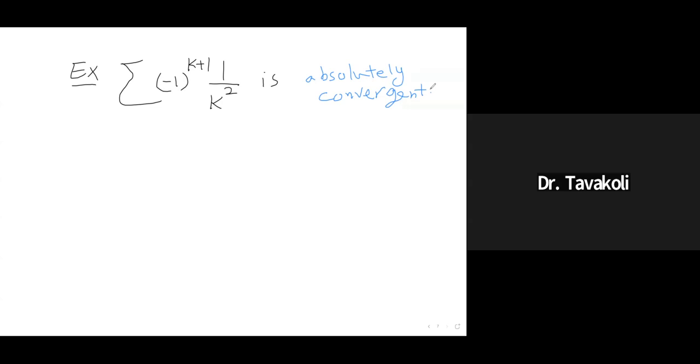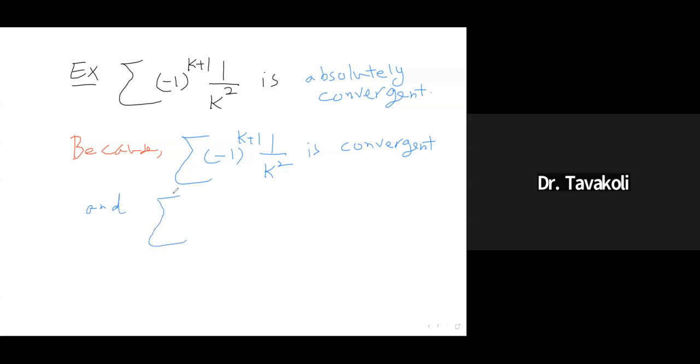First of all, the series itself, sigma of -1 to the power of k plus 1 times 1 over k squared, is convergent by the alternating series test. And sigma of absolute value of the terms, which is just 1 over k squared, is also convergent.